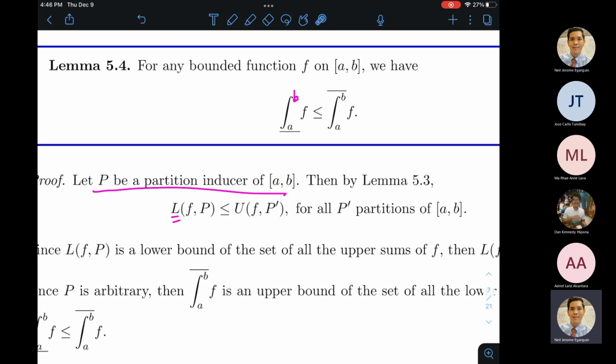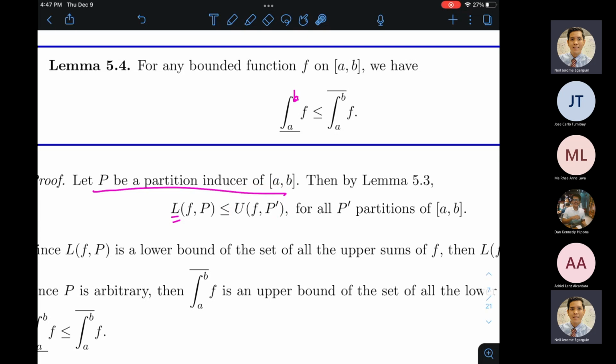Hold on, guys. Okay, so ito, si P ay fixed for now. Though arbitrarily chosen, it is fixed. Lagi siyang mas maliit sa lahat ng upper Riemann sums, kahit ano pa yung partition inducer P prime. So we can say that L here, the L in the left, tawagin ko siyang L sub P, right? Siya ay isang lower bound para sa upper Riemann sum, sa lahat ng upper Riemann sum.